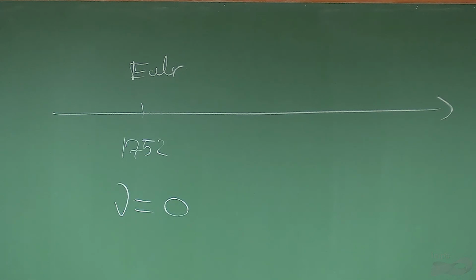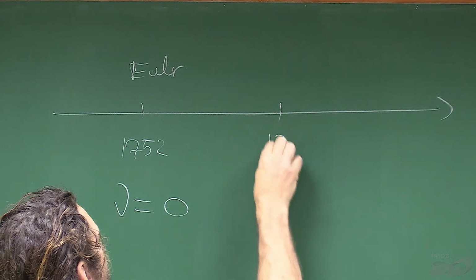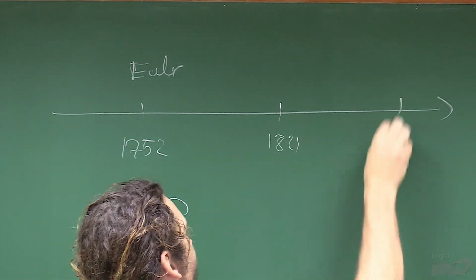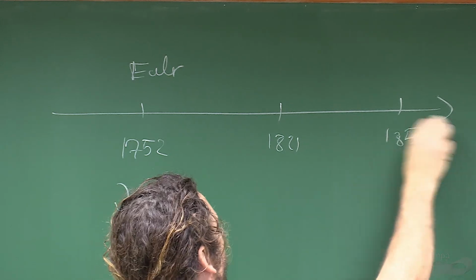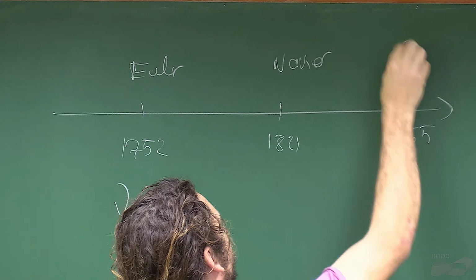Okay. And the introduction of viscosity only happens a couple of years after. It's a story which essentially goes from 1821 to 1855, with first Navier and then Stokes.